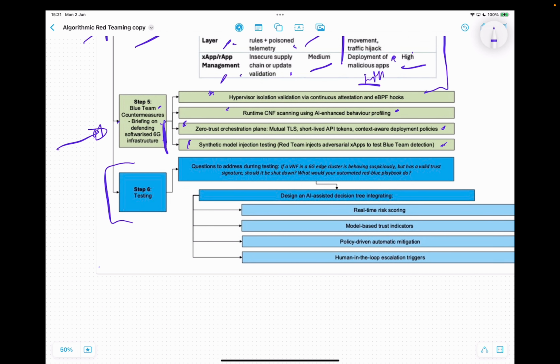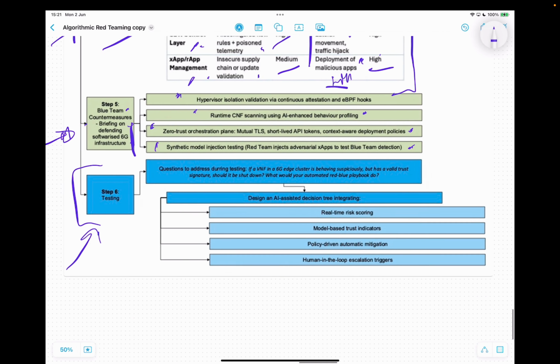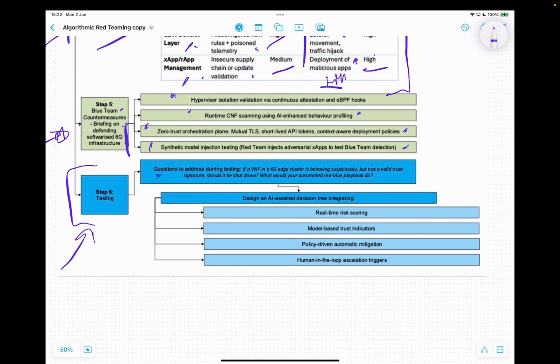And this testing, the final step, how would that be done? Well, again, it's important to ask yourself a question, or to ask the group of people who are testing it a question. If a VNF in a 6G edge cluster is behaving suspiciously, but has a valid trust signature, should it be shut down? What would your automated red-blue playbook do?